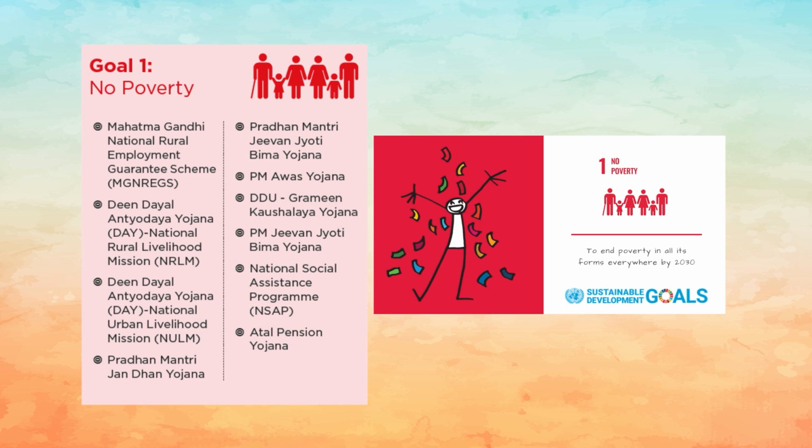Din Dayal Antyodaya Yojana, National Urban Livelihood Mission, Pradhan Mantri Jan Dhan Yojana, then Pradhan Mantri Jivan Jyoti Bima Yojana, Prime Minister Awas Yojana, Din Dayal Upadhyay Gramin Kaushal Yojana, National Social Assistance Program, Atal Pension Yojana. These are a few of the unique programs which India has to end poverty in all its form everywhere across the country by 2030.